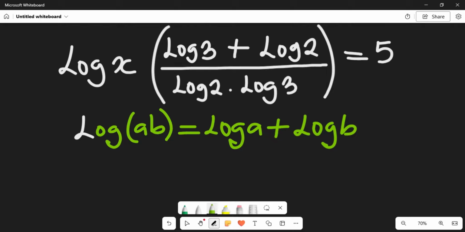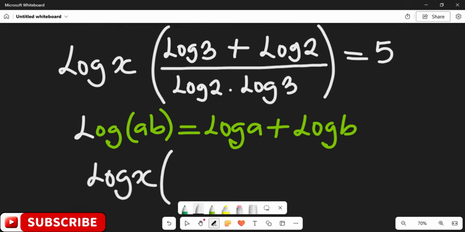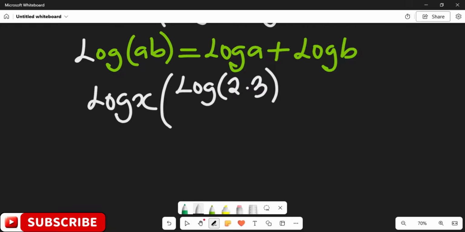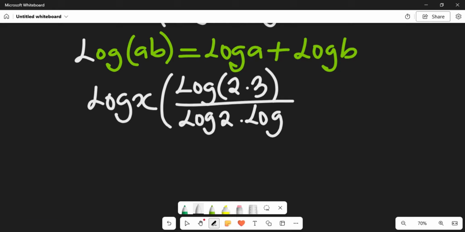If you apply that product rule to the numerator of that expression, we are simply going to have log of x multiplied by log of 2 multiplied by 3, right? And all of that will be divided by log 2 multiplied by log 3, and all of this will be equal to 5.